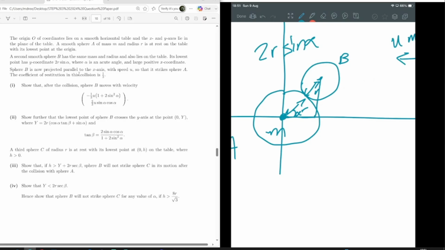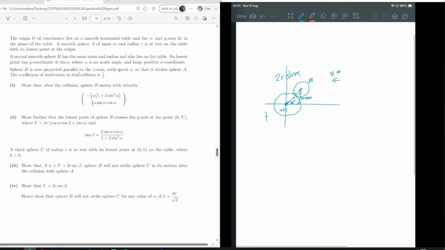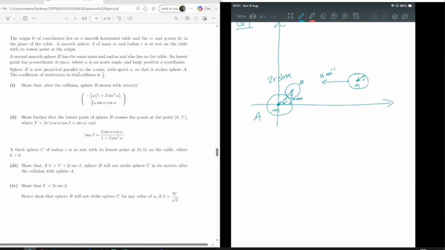Because if I draw this right-angled triangle, then this side exactly is 2r sine alpha. Okay, so we know exactly how this collision is happening. I've kind of drawn the sphere B over here a little high up, but a bit of artistic license there. The coefficient of restitution is a third, so we'll probably be using that later on.